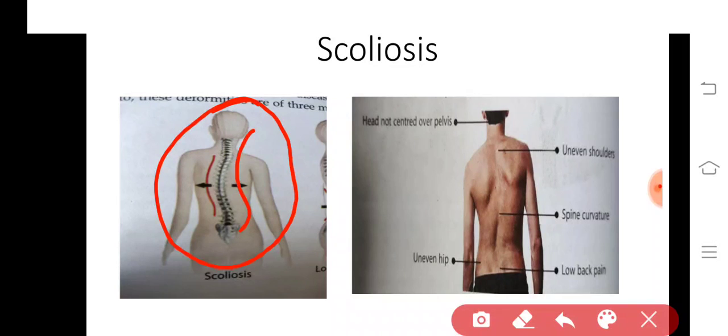Most people respond well to a series of supervised exercise to correct the curve by strengthening the muscles around the spine. So why does it happen? Due to the weak muscles, we can see that the spine is a bit side to side curved.